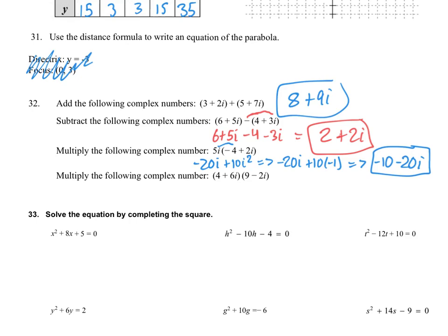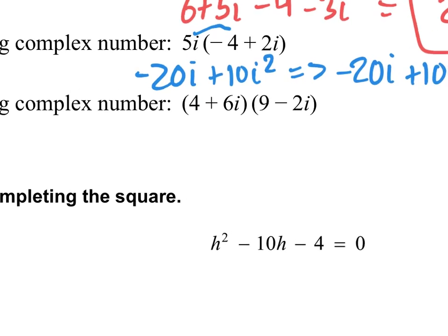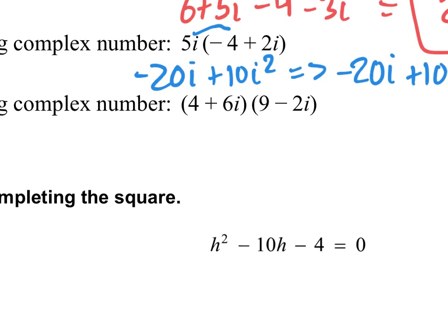This one you just have to FOIL. I'm going to zoom in for this because I need more room. So I'm going to FOIL: first, outside, inside, last. 4 times 9 is 36. Outside is -8i. Inside is, ooh, I'm brain farting, 54i. And then last is going to be -12i squared. Again, you rewrite that i squared as -1. Rewrite everything the way it is.